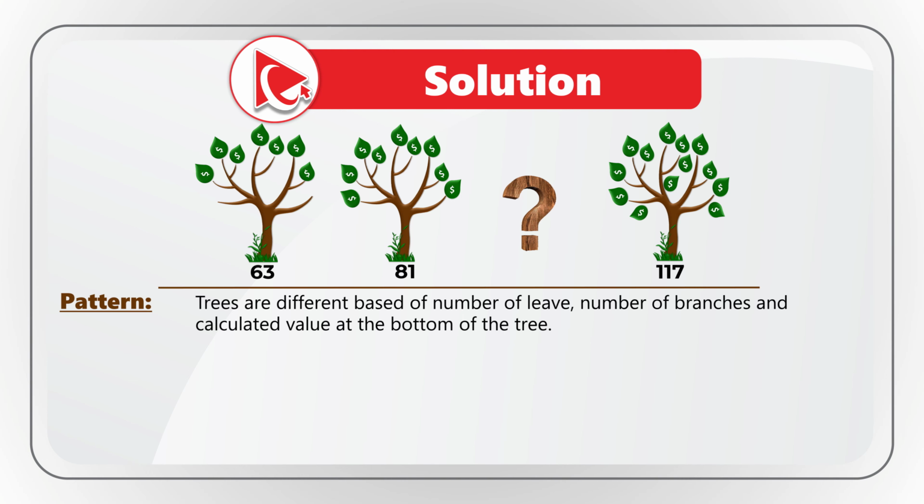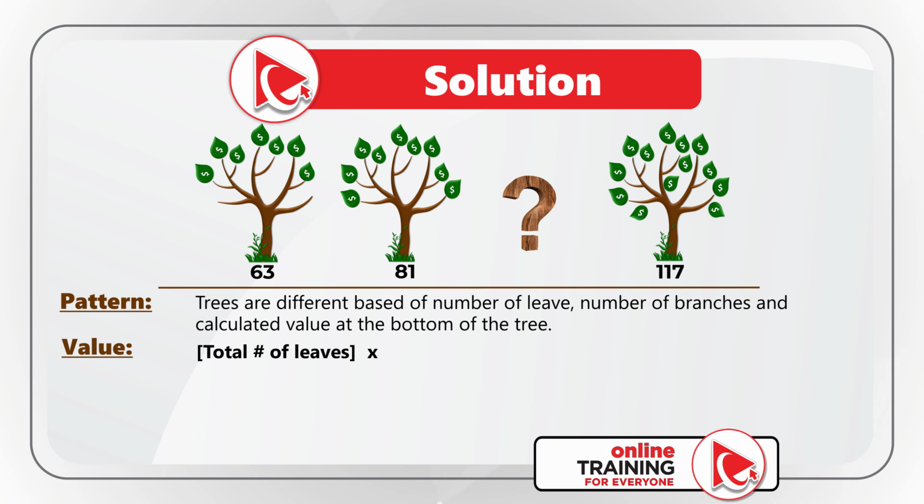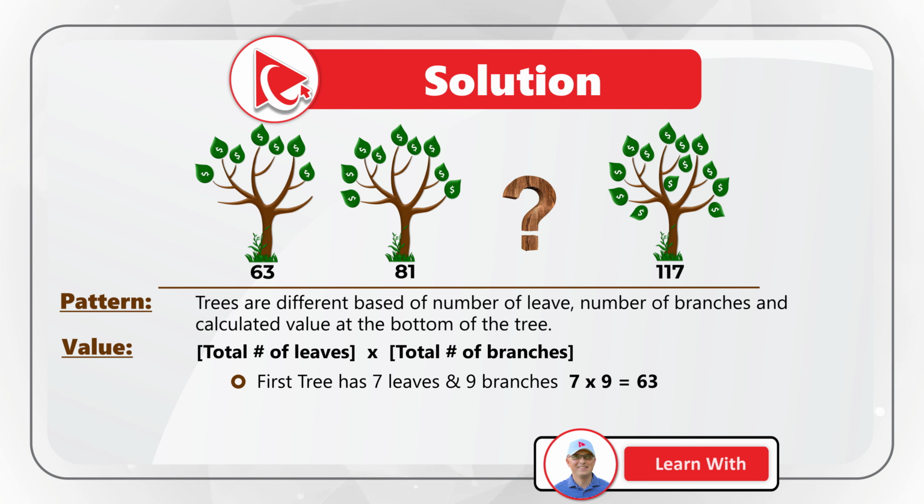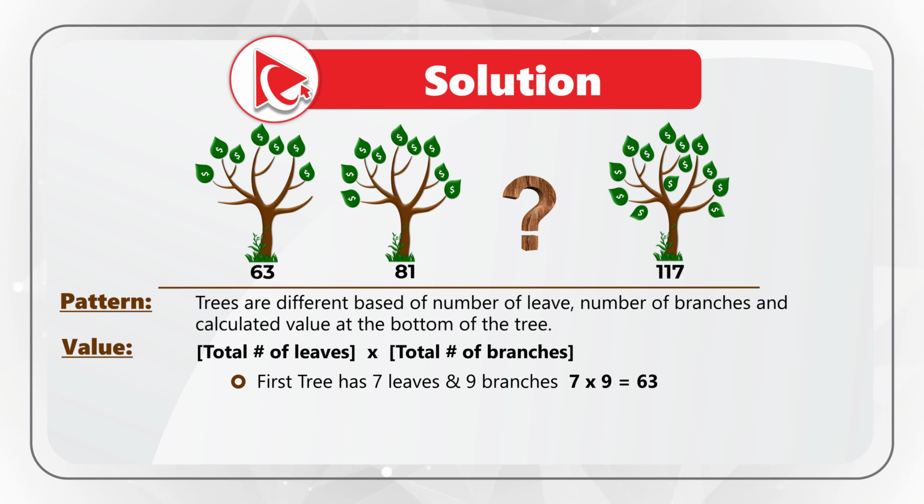And to calculate the value, you need to multiply the total number of leaves by the total number of branches on the tree. For example, the first tree has 7 leaves and 9 branches, and the number at the bottom is calculated as 7 by 9 equals 63. Second tree has 9 leaves and 9 branches, and 9 multiplied by 9 equals 81.